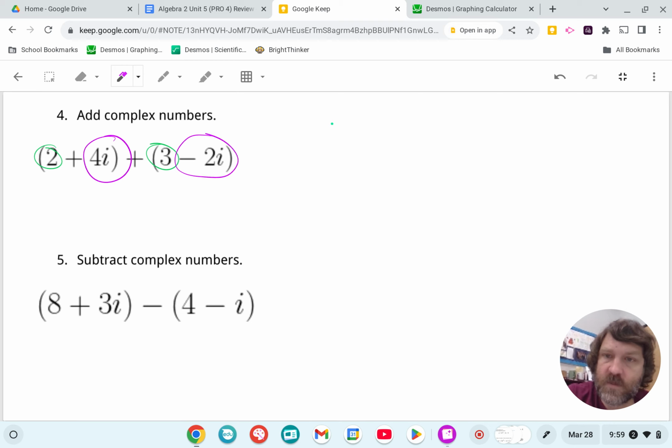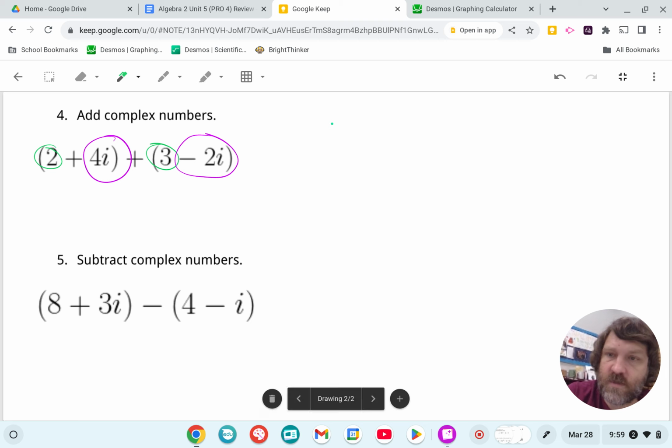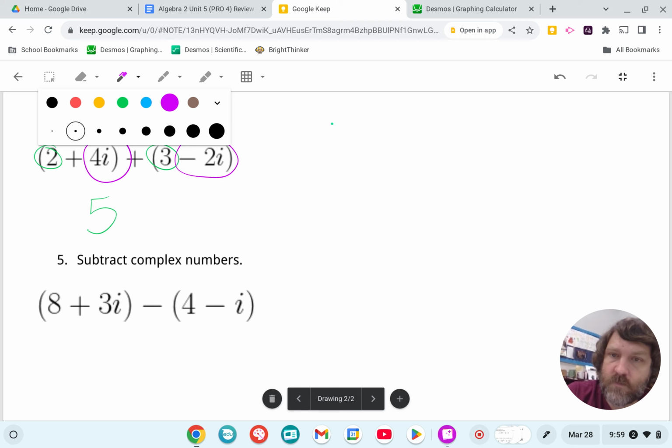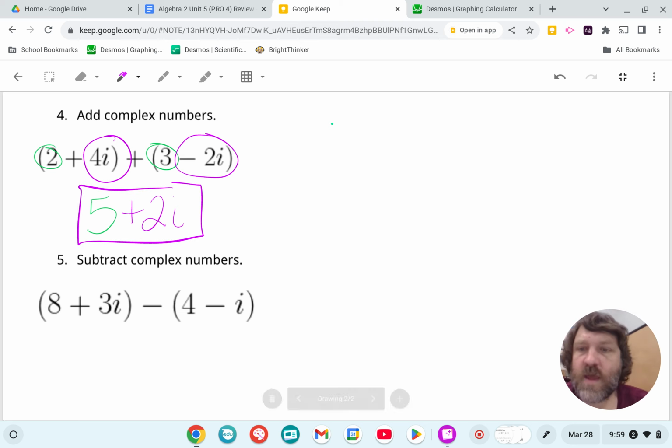Notice I'm including the minus there. So when I add these up, I get 2 and 3 added together, that's going to make 5. And then I'm going to do 4 minus 2, which is 2. And so it's going to be 2i, because 2 plus 3 is 5, and 4 minus 2 is 2. So that would be the final answer for that.